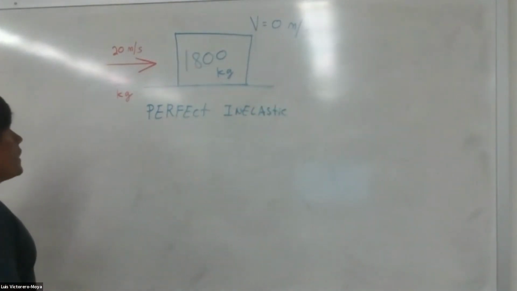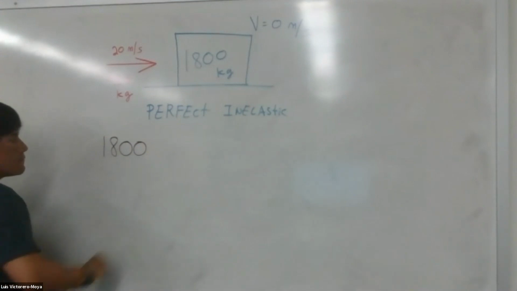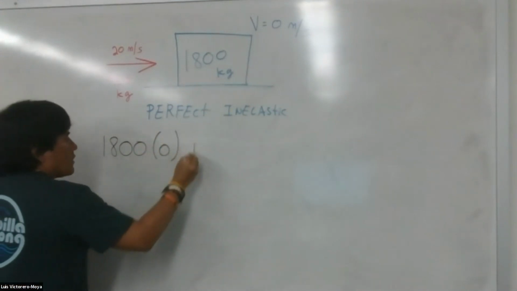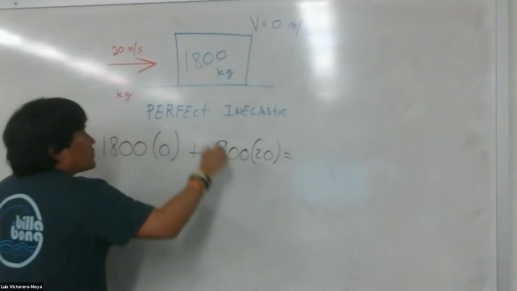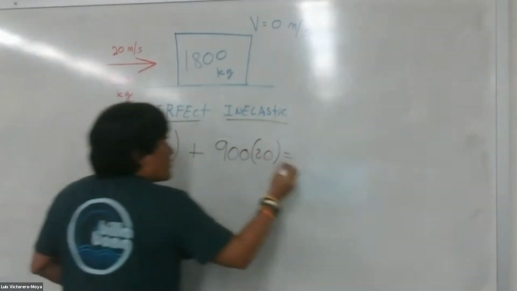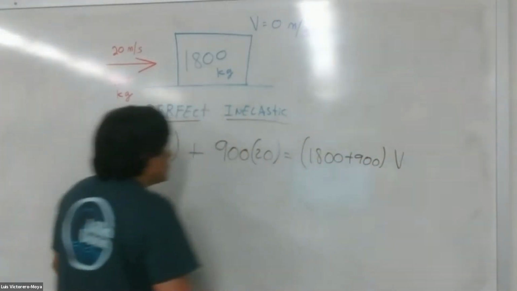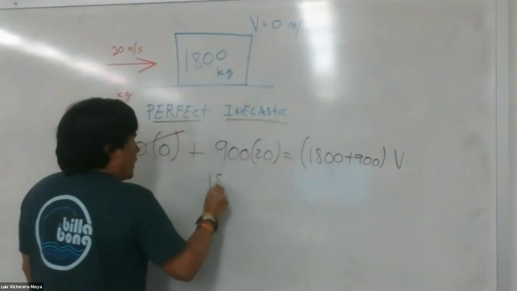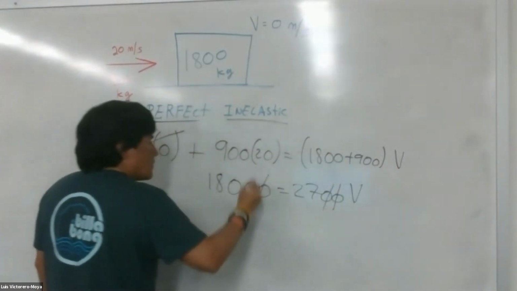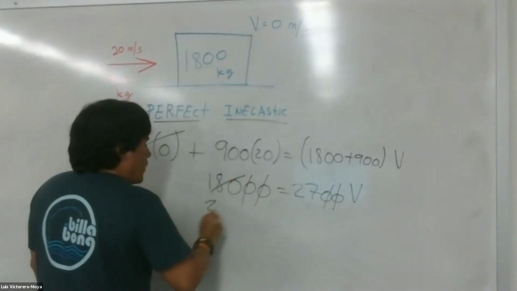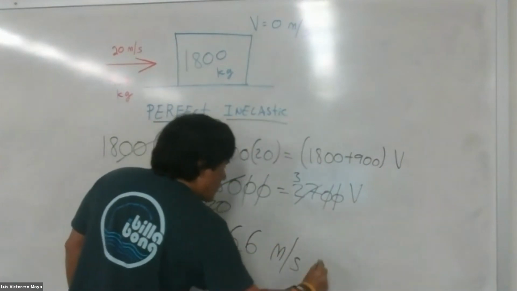What you should do is this: 1,800 times 0 plus 900 times 20 equals, on a perfectly inelastic collision they stick together, so 1,800 plus 900 times V. This would be 18,000 equals 2,700 V. 18,000 divided by 2,700, which is 20 divided by 3, is around 6.6 meters per second.